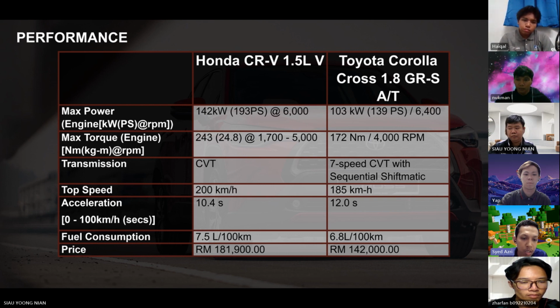For the fuel consumption, the Toyota Corolla Cross is a more fuel efficient vehicle than the Honda CR-V, because the Toyota Corolla Cross uses 6.8 liters of fuel per 100 kilometers, while the Honda CR-V uses 7.5 liters per 100 kilometers.